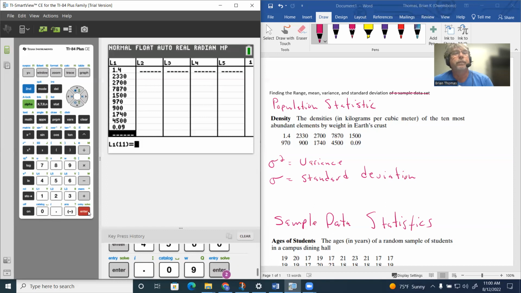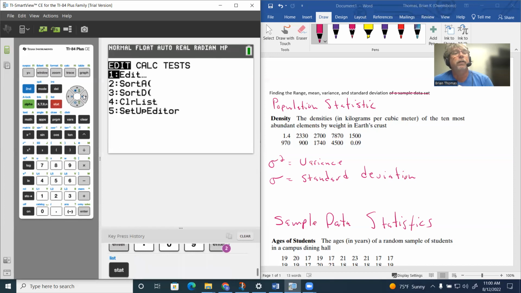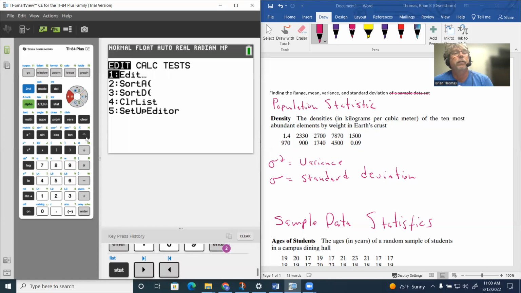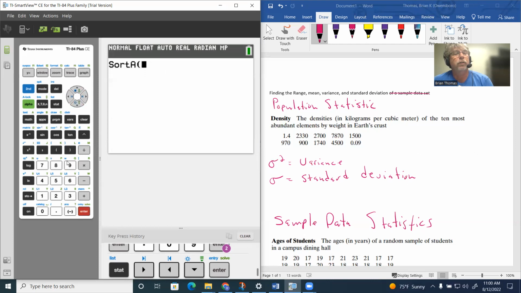Hit enter. One thing we can do is go to stat again and sort. Come down to sort, and it'll put the data from smallest to largest. So sort L1. Remember L1 is above the 1, so hit the second button, hit the 1 button, and hit enter.